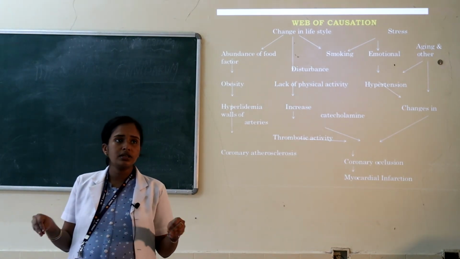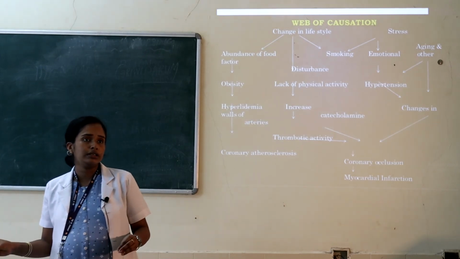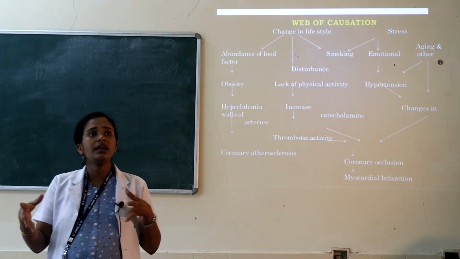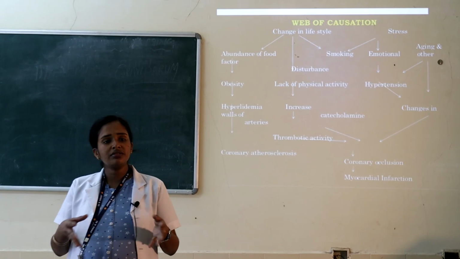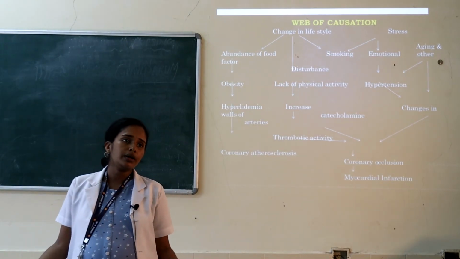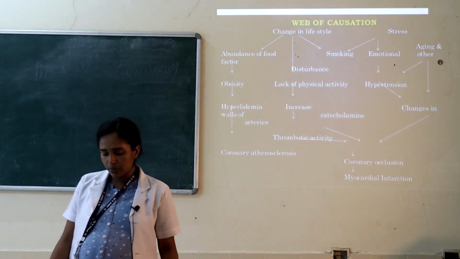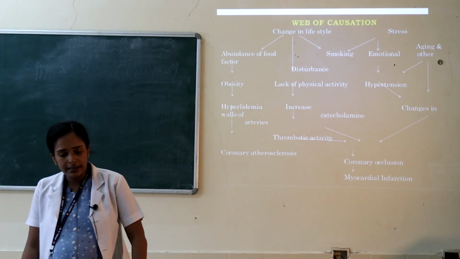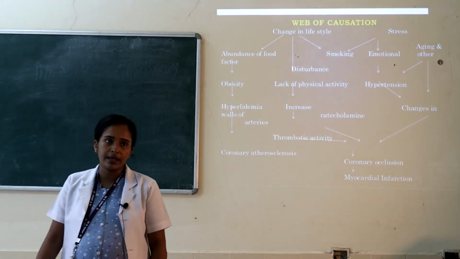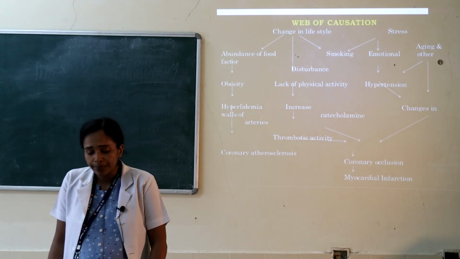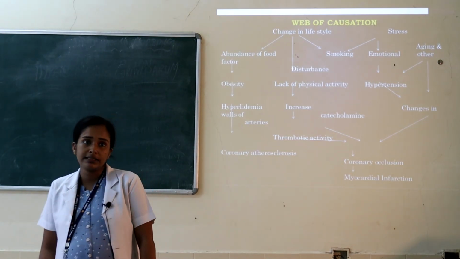According to the web of causation there will be multiple factors for a particular disease and these factors are interconnected, and these interconnected factors eventually lead to a particular disease condition. This is what the web of causation explains. These are some of the theories which explain disease causation.